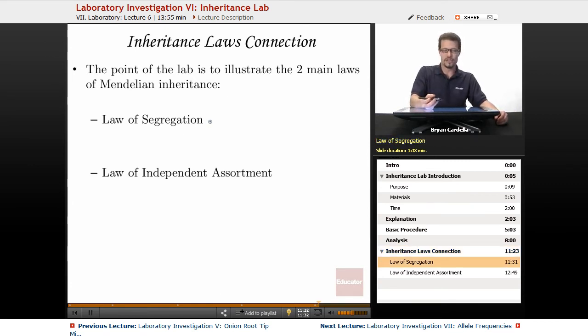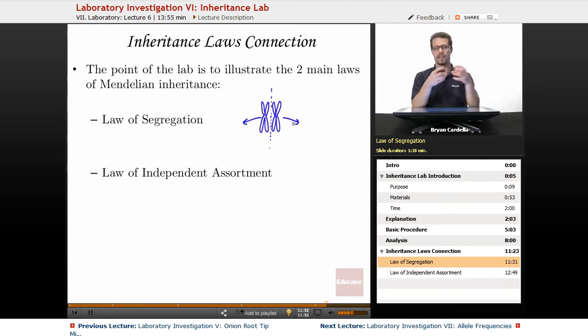So the law of segregation states that, hey, when you're making pollen, eggs, sperm, whatever it might be, and you've got homologous chromosomes lined up during metaphase 1 of meiosis, the law of segregation says, hey, these are going to segregate, meaning those gene parts are going to be split up.